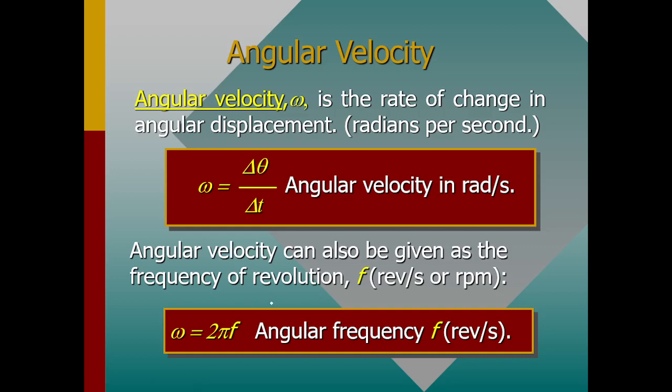It is the same 2 pi we had from the revolution. So this is the relationship between angular velocity and the frequency.